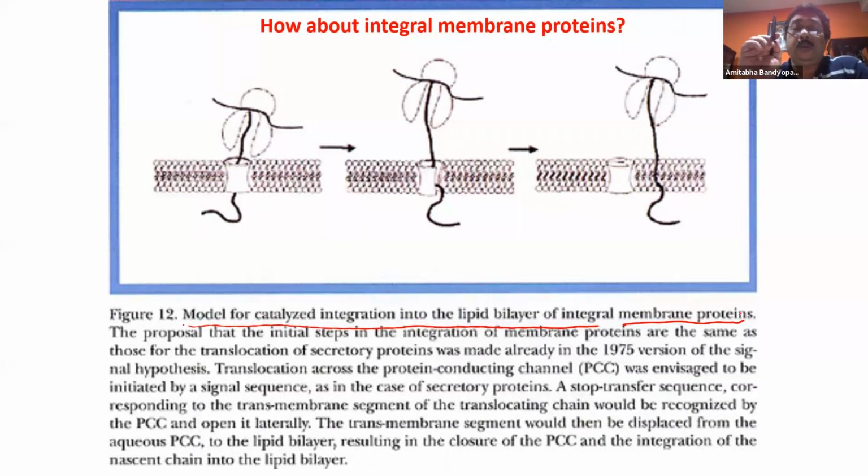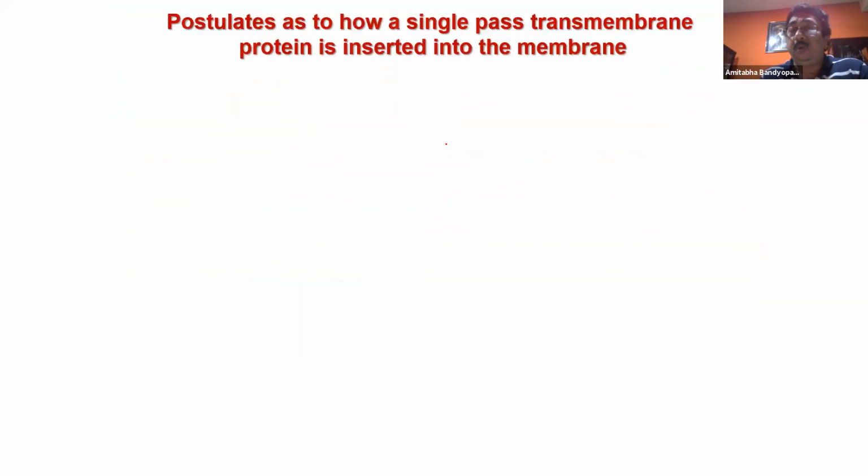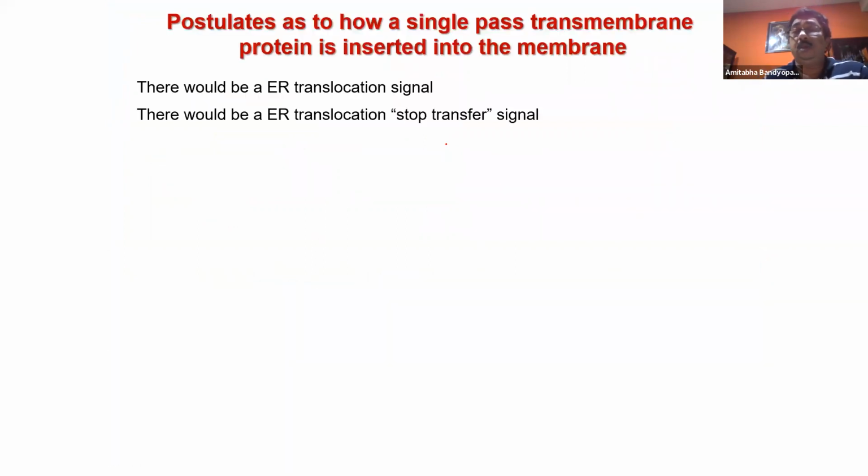What he said is that they will get inside the channel, and then something will trigger opening of the channel within the bilayer of the lipid membrane. And once it opens, the protein will simply move out into the bilayer. And now we know that that is true.